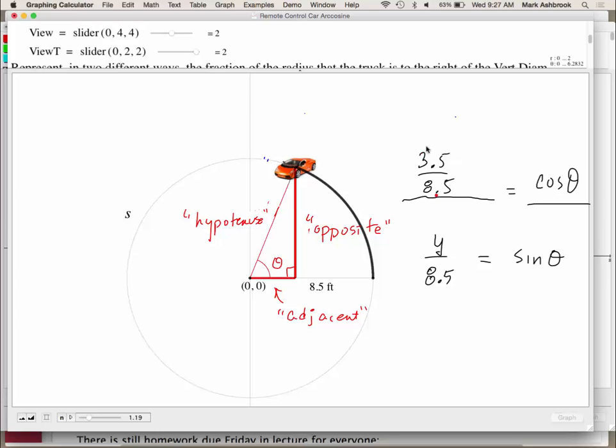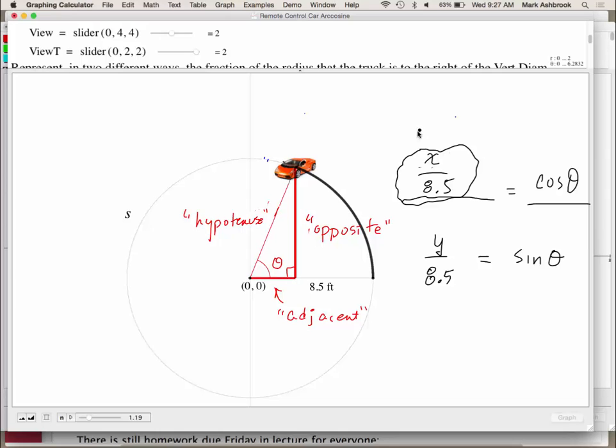So if 3.5 or x feet over 8.5 feet gives us the fraction of the radius that we are to the right, or gives us cosine theta, what is that in terms of these sides of the triangle? It's going to be this length over this one that gives us the fraction of the radius that we are to the right.